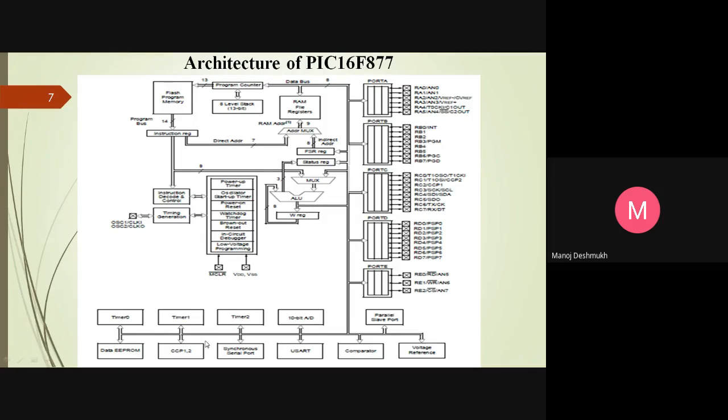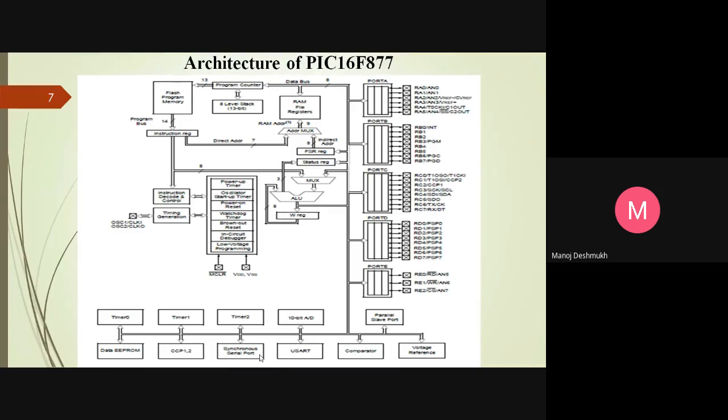CCP module, it is not mentioned in the features, but 2 CCP modules are there: capture, compare, and PWM module. So 2 similar modules are there: CCP1 and CCP2. After that, the synchronous serial port. Here I2C and SPI come into the picture.